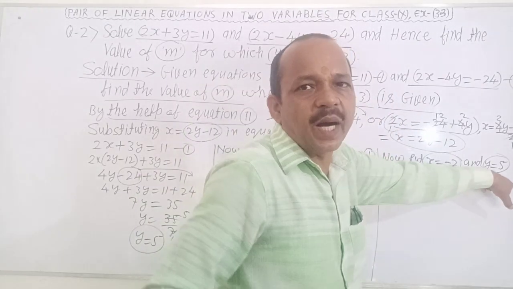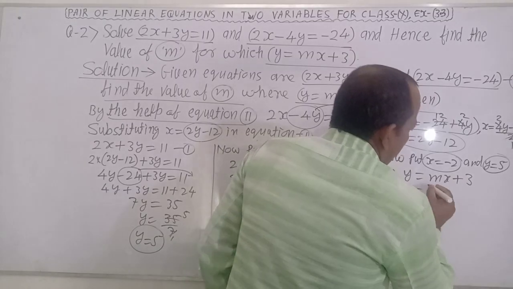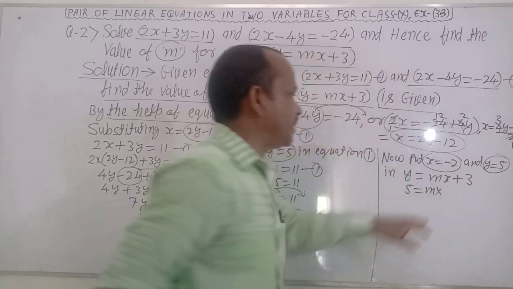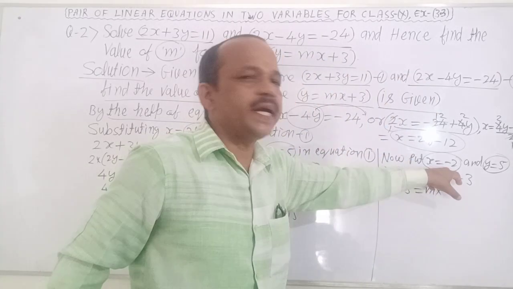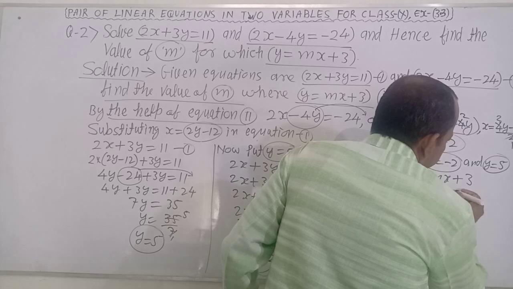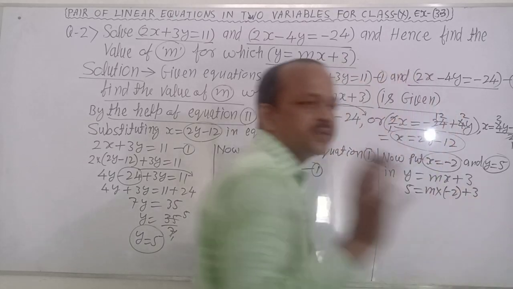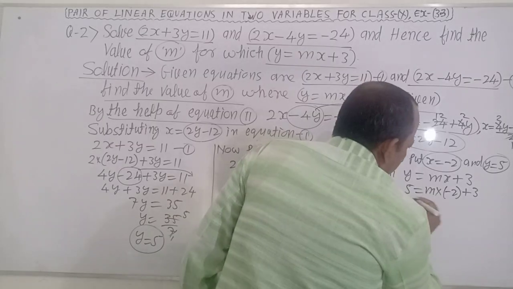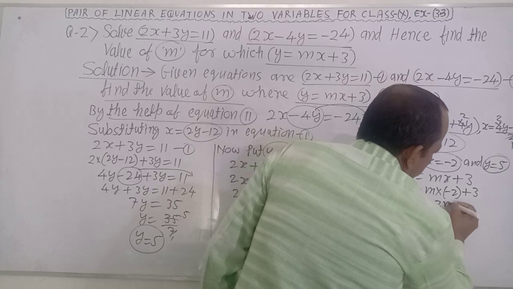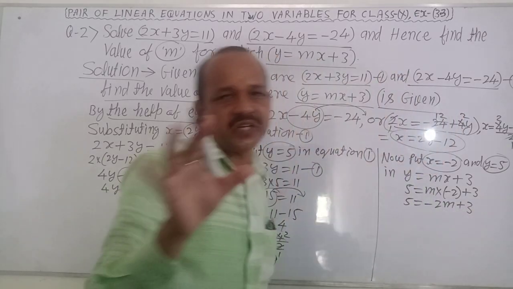Y means 5 equal to m multiply x, means minus 2, plus 3. 5 equal to minus 2m plus 3.